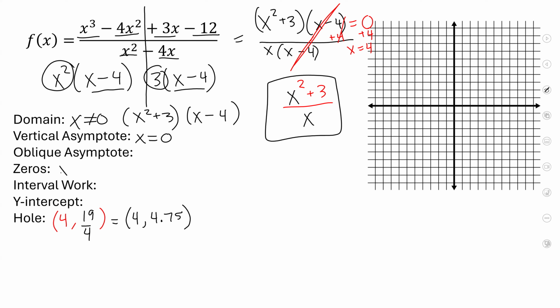What are my zeros, guys? We set the numerator equal to 0 and I solve. So guys, I have x squared plus 3 equal to 0. I get negative 3, and then I square root both sides. I get x is plus or minus i square root of 3. So guys, I don't have any real zeros, so I'm just going to put none for this.